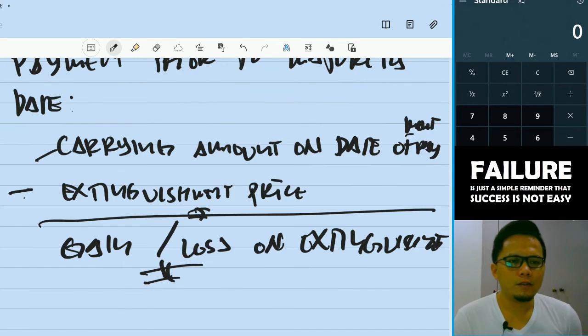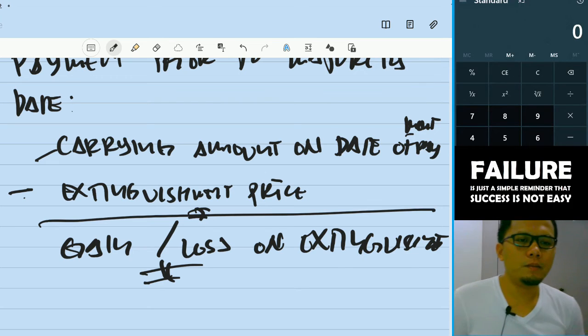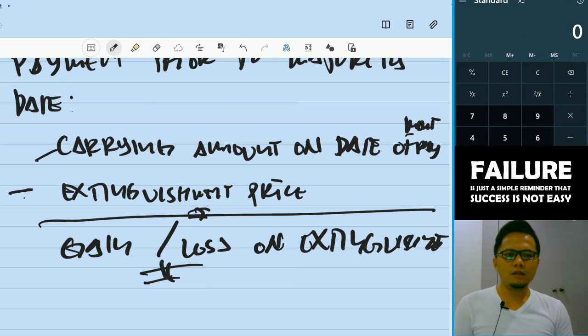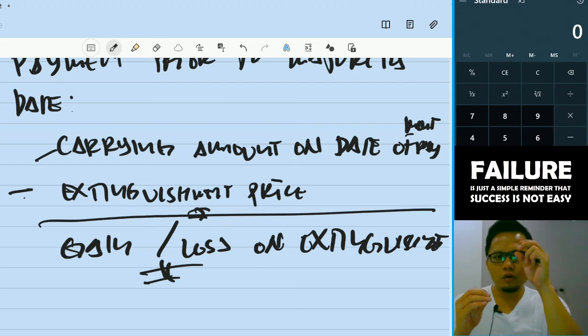Because again, in concept, if the bonds is paid prior to maturity, it is as if babayaran mo rin yung equity portion of the issue price on original issuance.